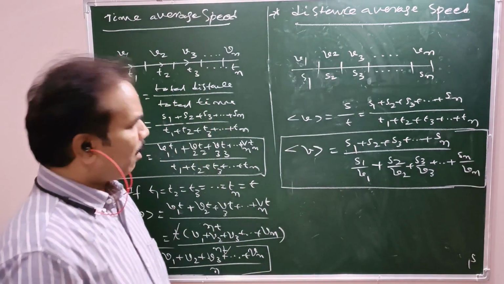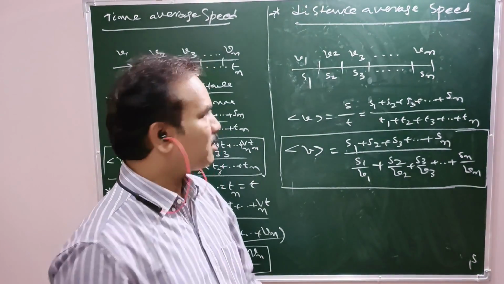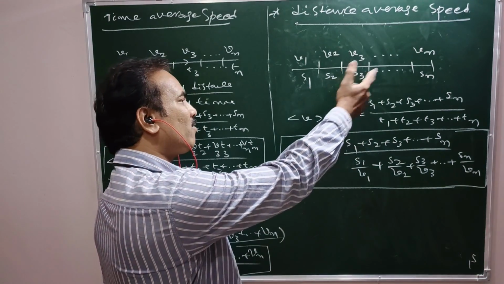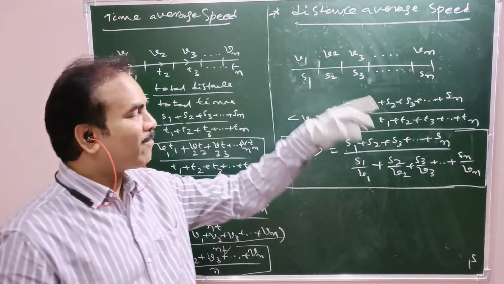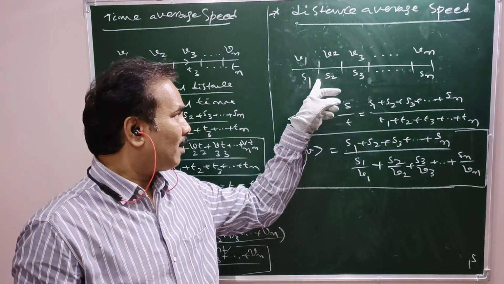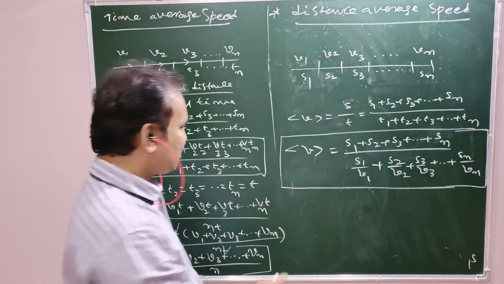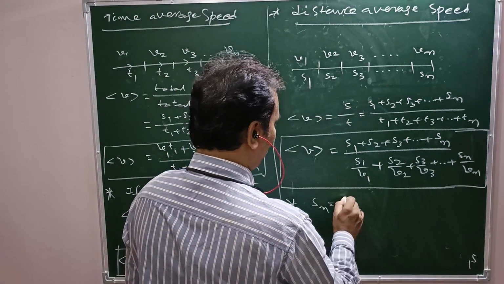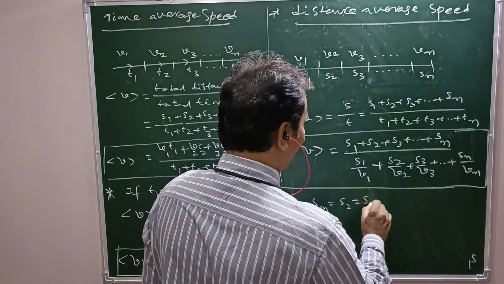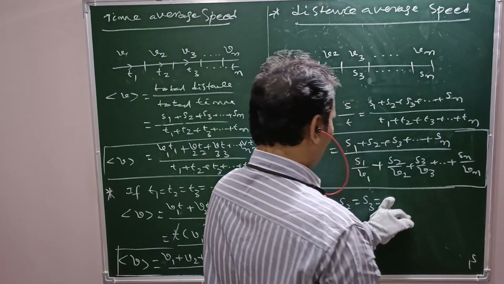Now, in case of successive equal distances, suppose S1 equal to S2 equal to S3 equal to up to Sn equal to S. Successive unequal distances, here, if unequal distances are converted into equal distances.